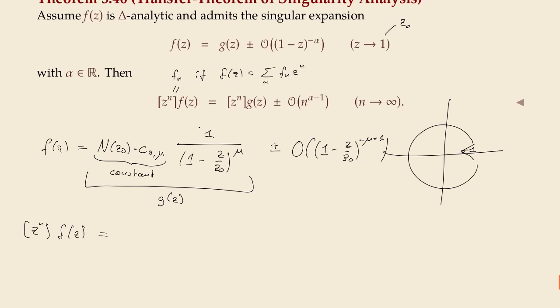Okay, we still have to take coefficients of this, but the constant only moves out. And we simply copy this.